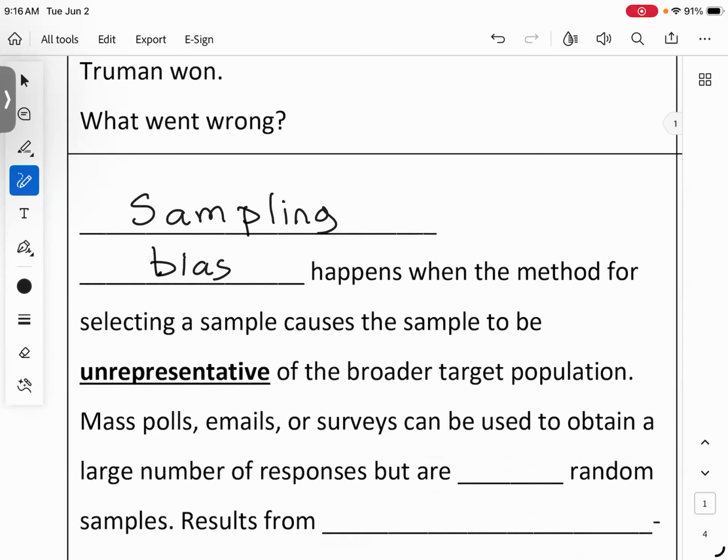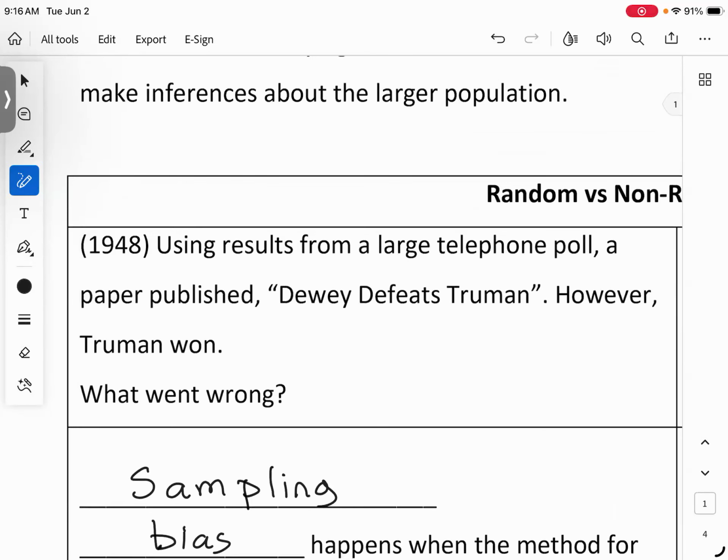And here's one thing I want you to think about: think about 1948. Who more likely, back in 1948, were the individuals or families in the country who owned a telephone?